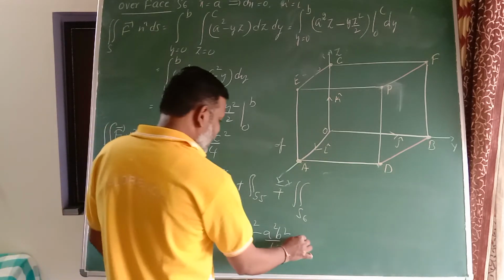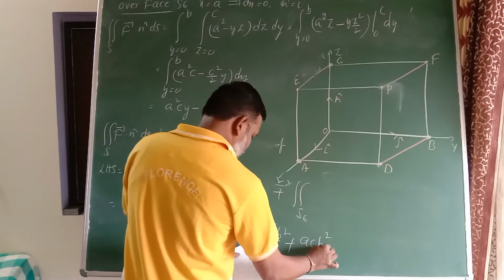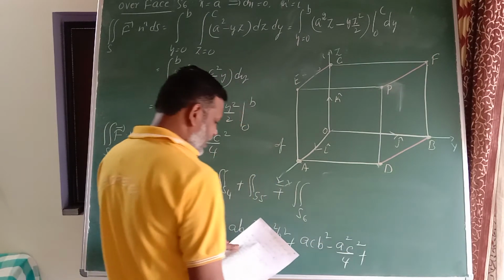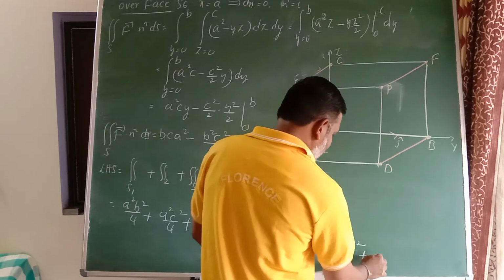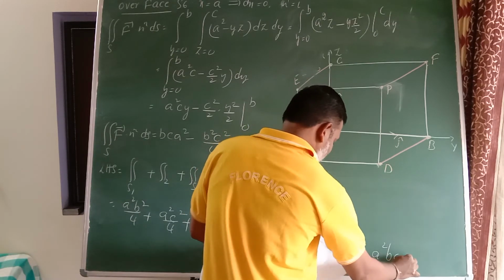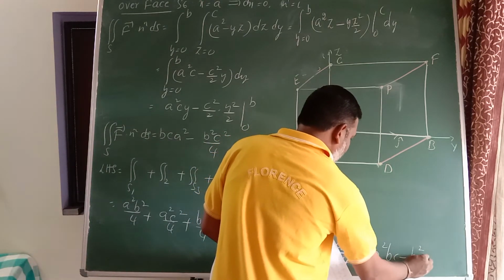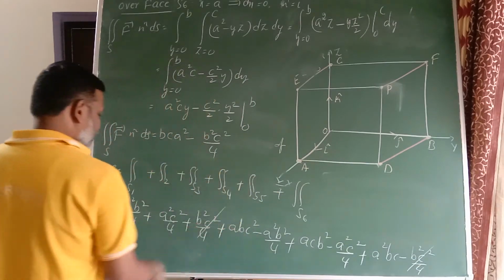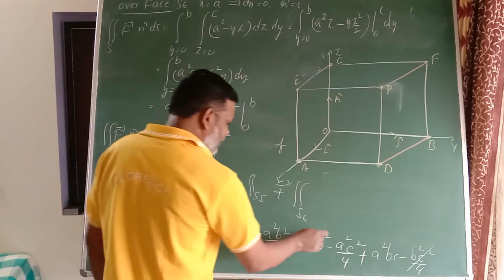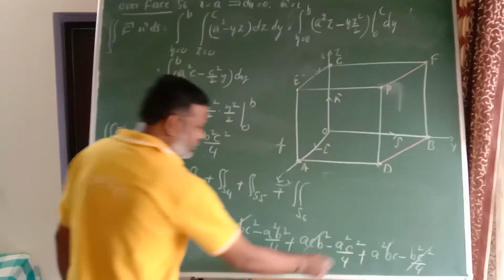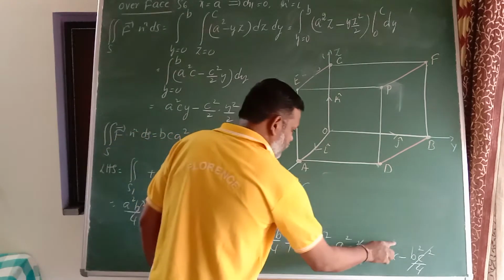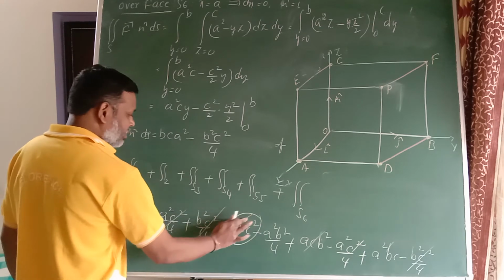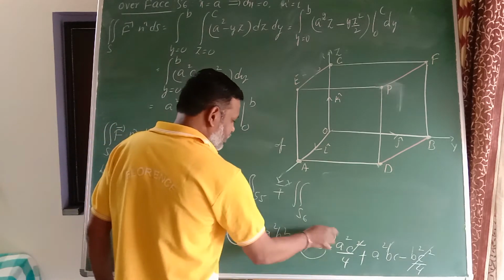Along S5 is acb square minus a square c square divided by 4, plus along S6 that is equal to a square bc minus b square c square by 4. All these things get cancelled. Sorry, this one, not these things. The remaining thing you have is abc square and this one and this one.